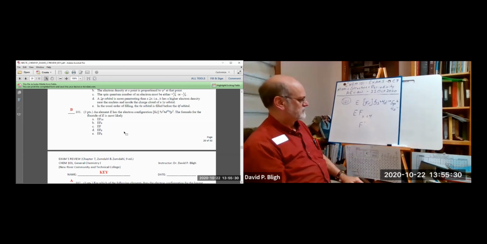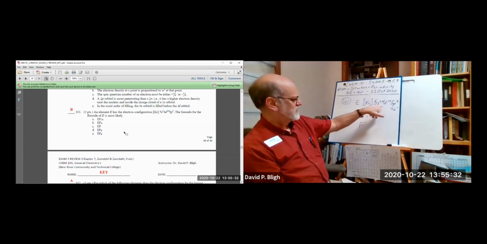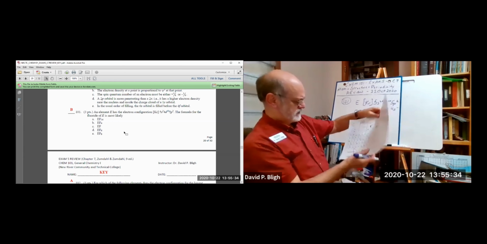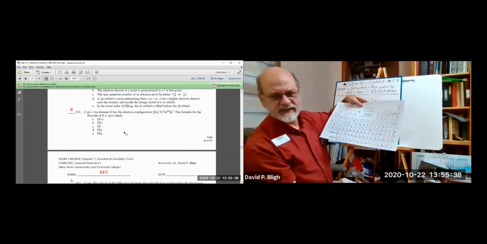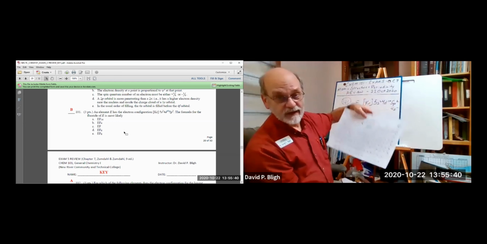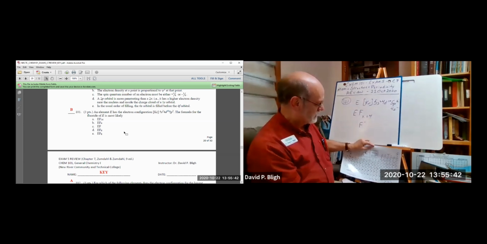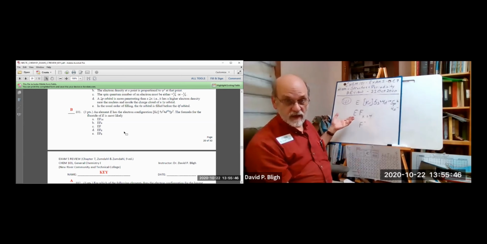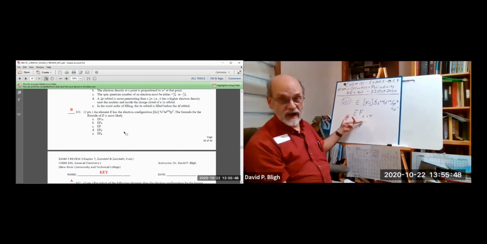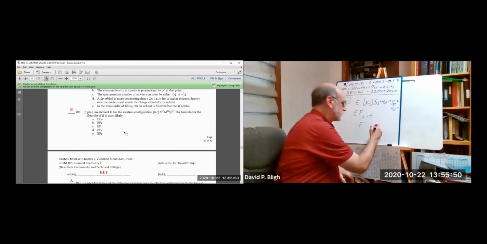In fact, what is it? Let's see, 5p, going across here. Wait a minute, that's 10. So it is a metal. That means it's going to be an ionic compound with 4 fluorides attached.